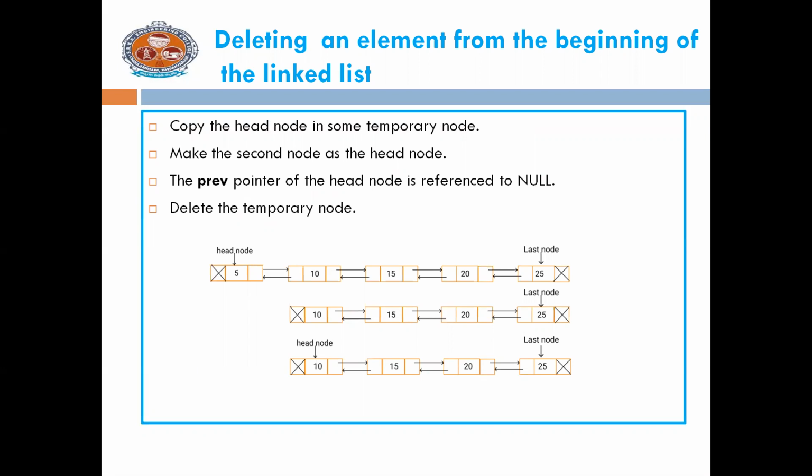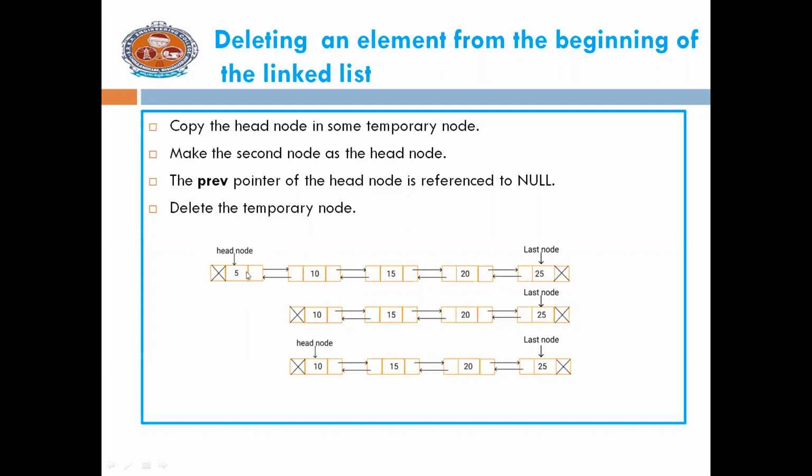Deleting a node from the beginning of the linked list. Have a look at this picture. I want to delete the first node, that is the head node, from the existing linked list. In order to delete this node, I'm taking a temporary variable and storing this head node in it. Now, if you delete this head node, the second node becomes the head node.